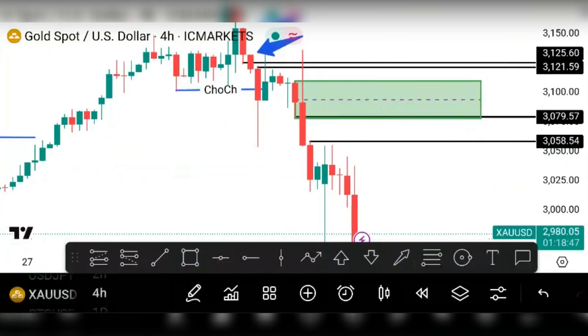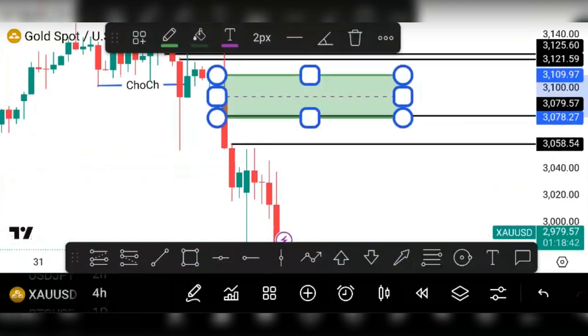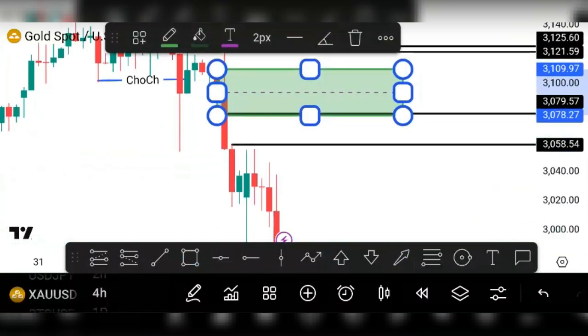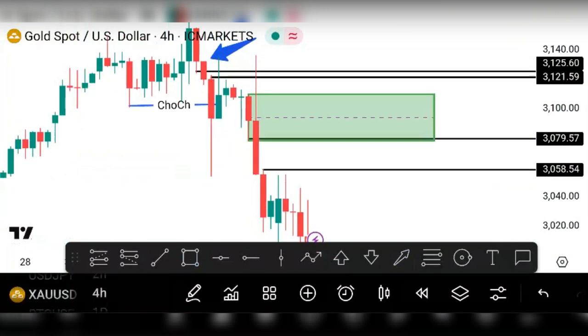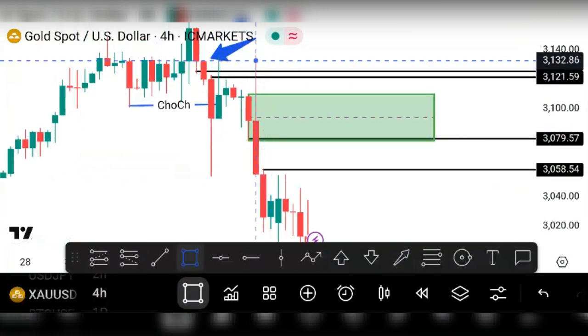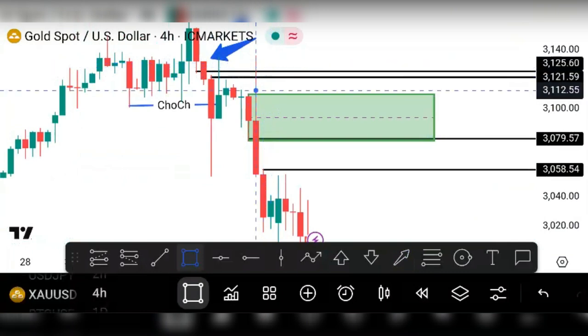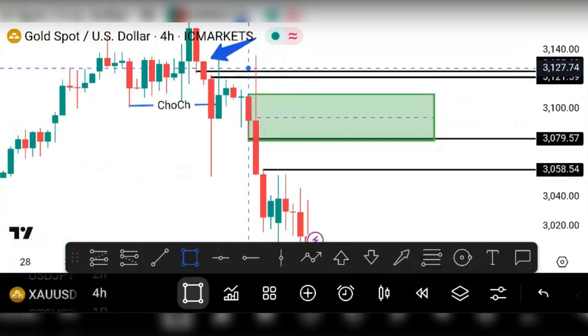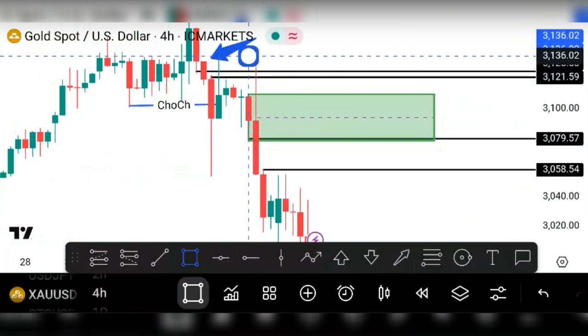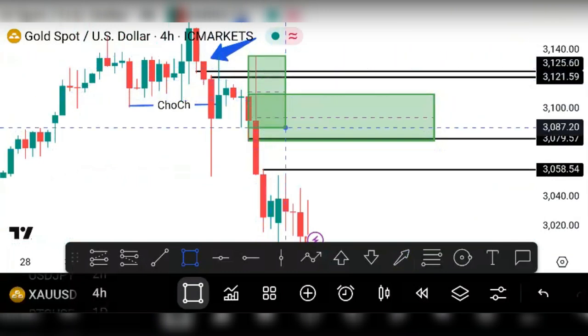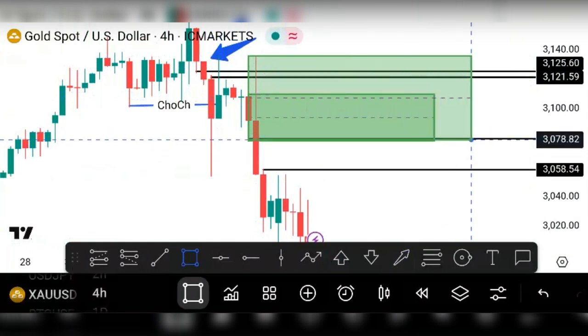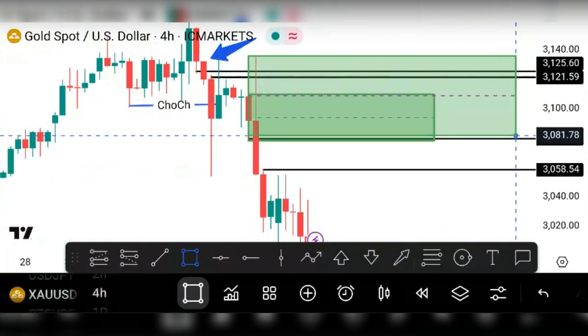So let me mark it out. So here now is our order block. You mark it from the weak high to the weak low. But you can see there is a spike, this spike level. In some cases, if you see this spike level, instead of marking this as your order block, you can mark from the wick of that spike to the wick of the other block.